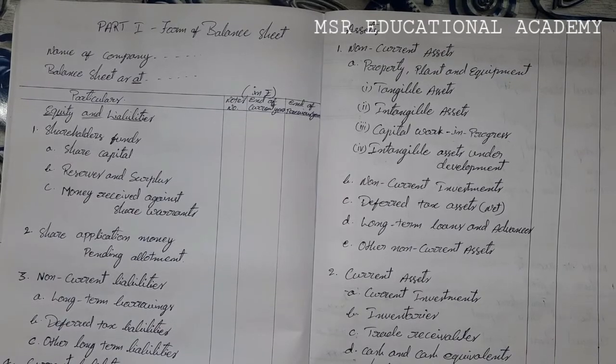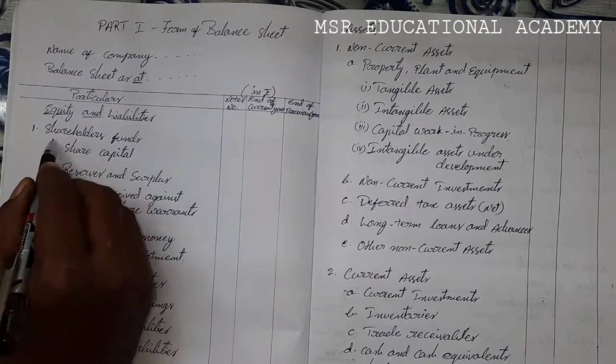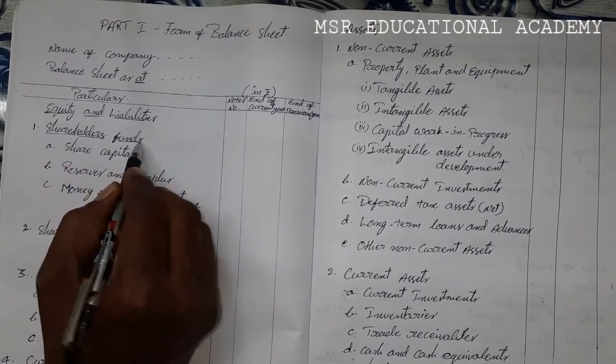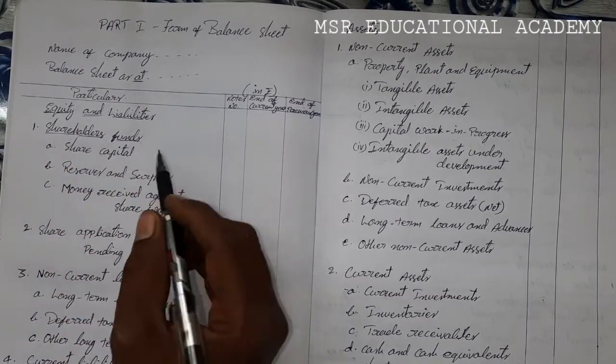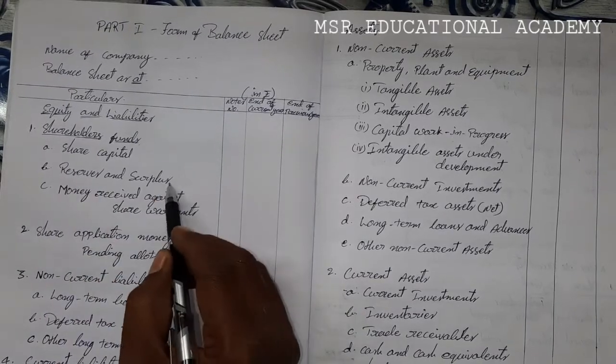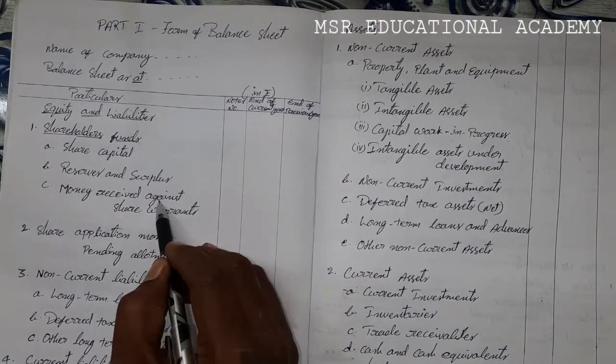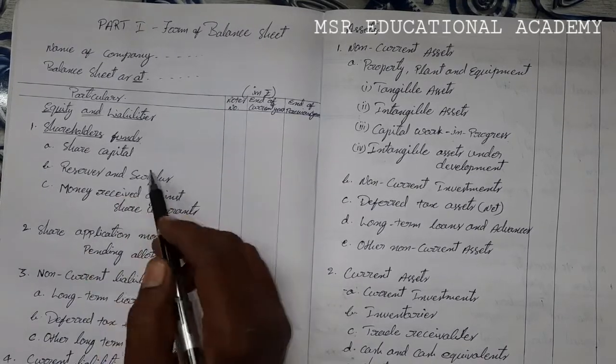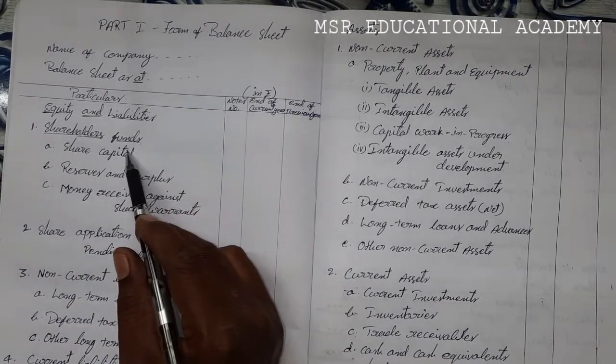For example, the first one is shareholders funds. Under shareholders funds: share capital, reserves and surplus, and money received against share warrants. These three all come under shareholders funds.